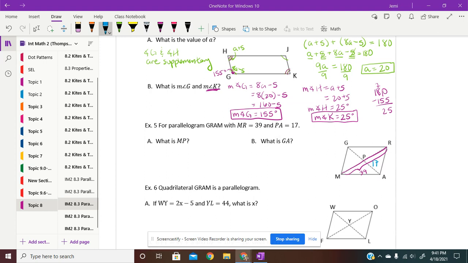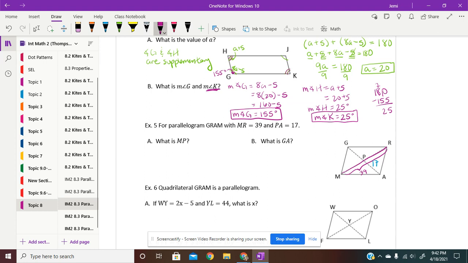So let's go ahead and do part A first. What is MP? Okay, so MP is looking for just this piece of the diagonal. All right, so I've got to go back to what I know about the diagonals. So the diagonals in a parallelogram bisect each other.